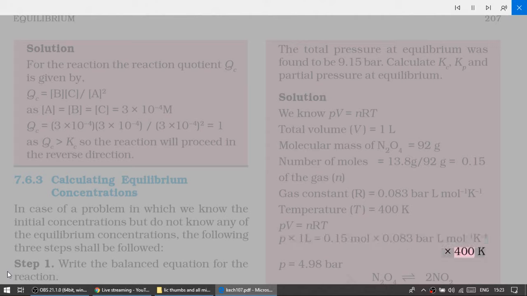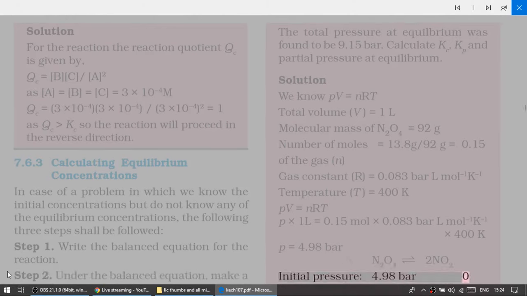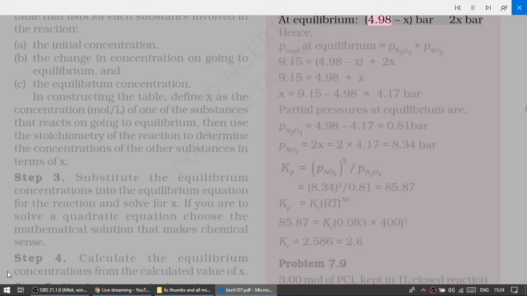P = 4.98 bar. For N2O4 ⇌ 2NO2, initial pressure is 4.98 bar for N2O4 and 0 for NO2. At equilibrium, N2O4 is 4.98 minus x bar and NO2 is 2x bar.